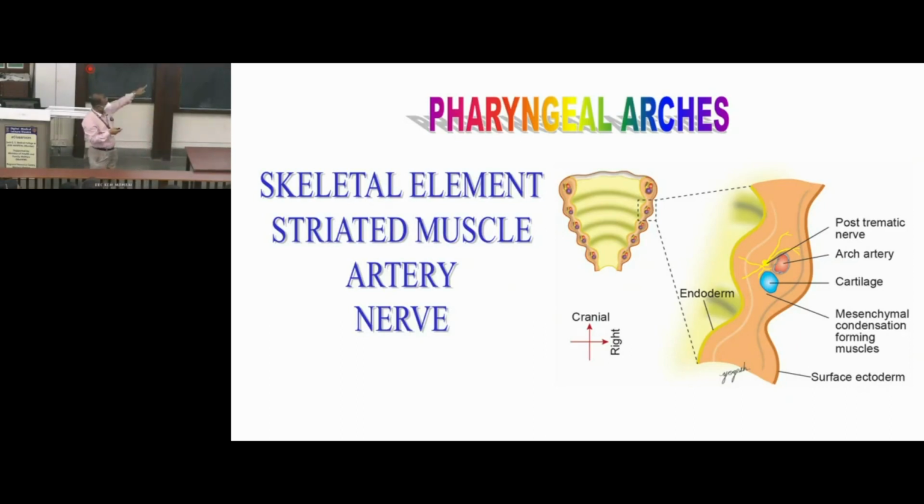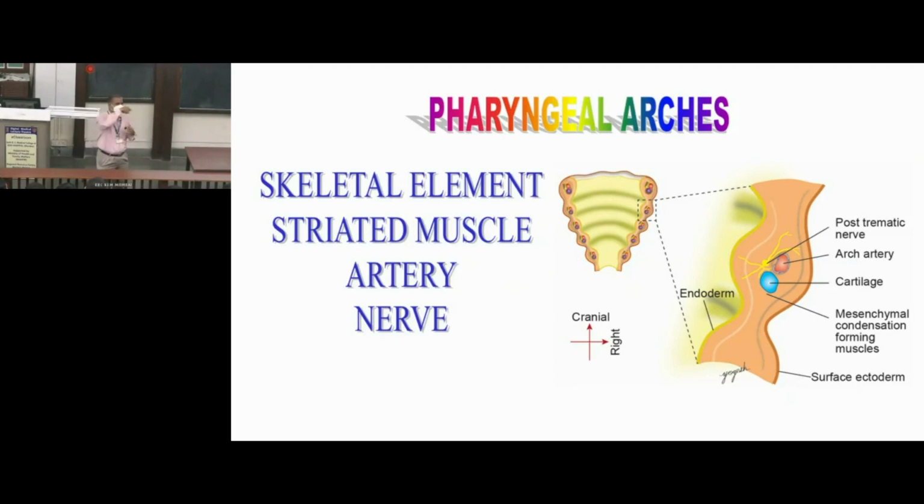So same thing, same artery is here. If this is 2nd arch, then there will be a remnant of that 2nd aortic arch artery that will form the artery here. Same way, the mesoderm here will have a cartilage. That's called the cartilage of that particular arch. That will give rise to some skeletal element. Then there will be a nerve that will reach the arch. Because nerve is developing from which germ layer?